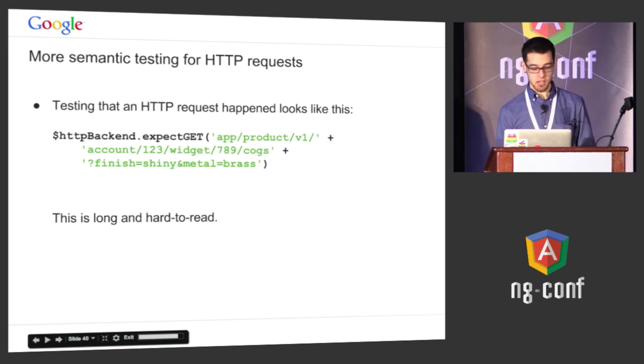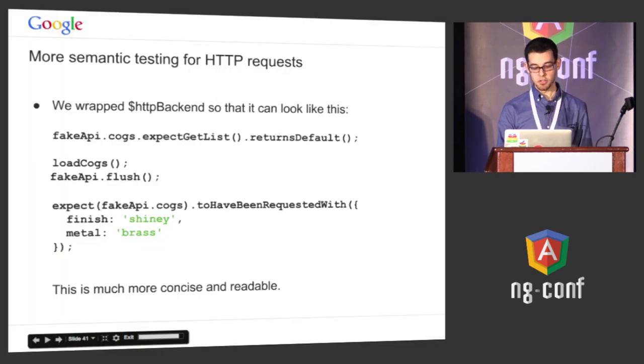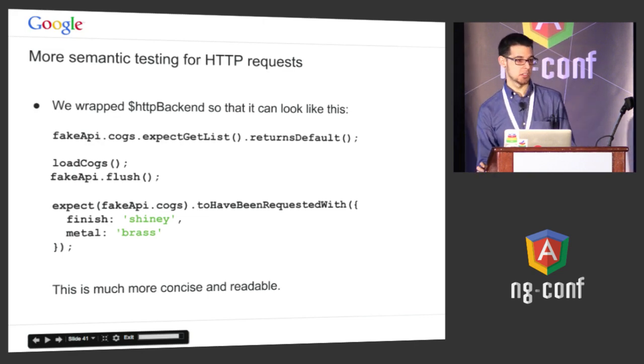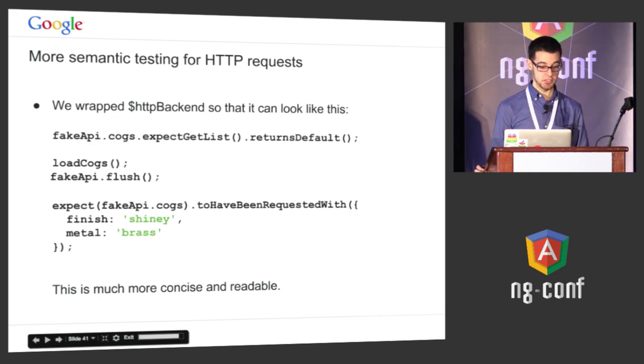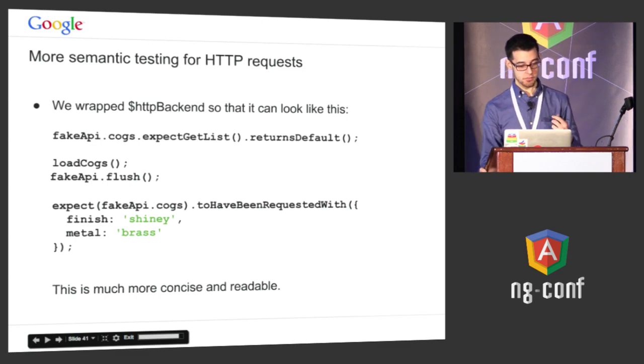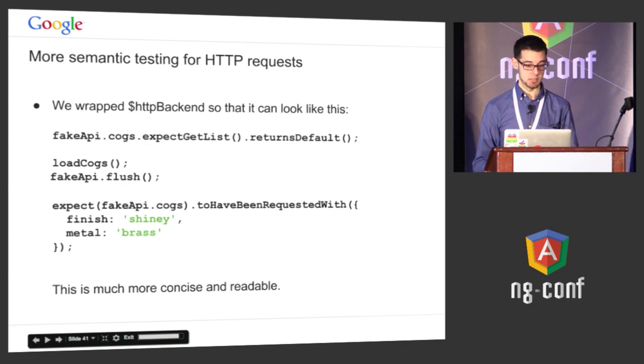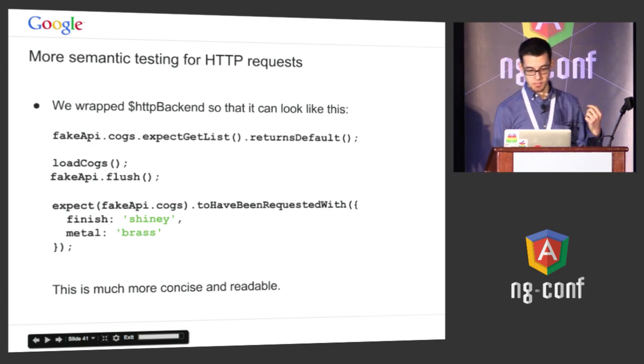So we created a wrapper around HTTP backend that I'm going to call fake API here. And it looks something like this. It's very similar to actually using the API service to make requests, but instead of making requests, you are, from your endpoint, expecting that a request is going to occur. We have methods like expect get list, expect get by ID, expect update, and so on.